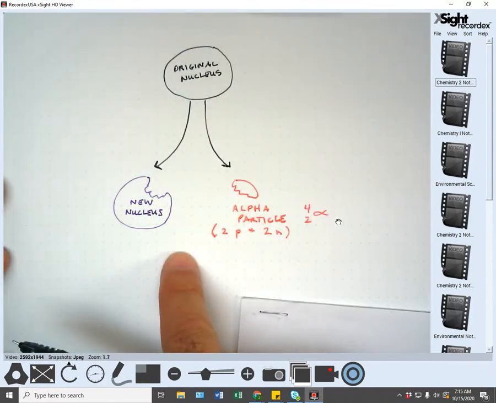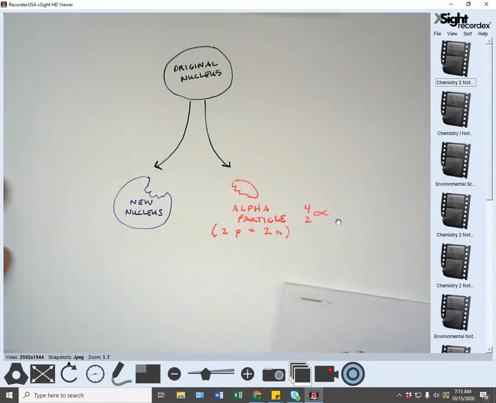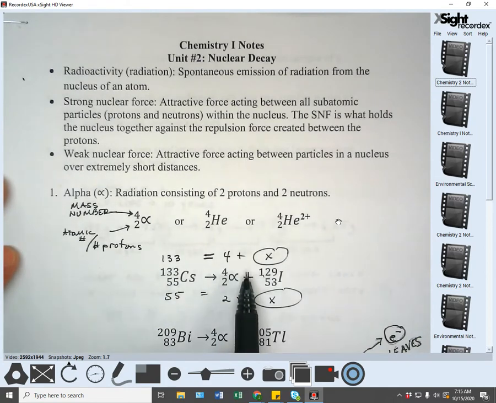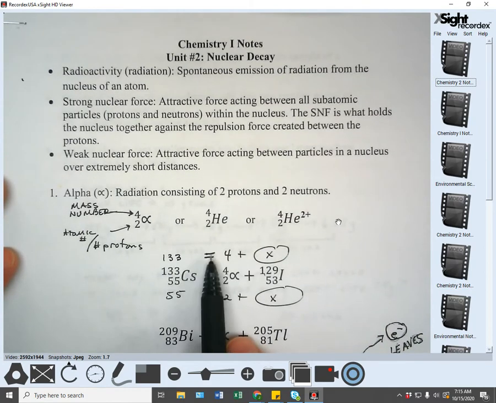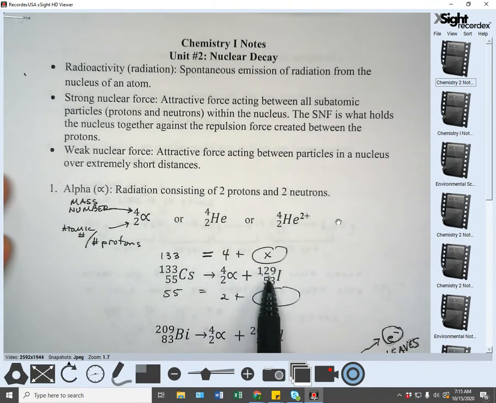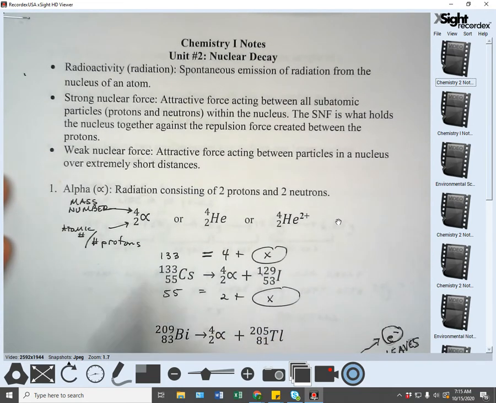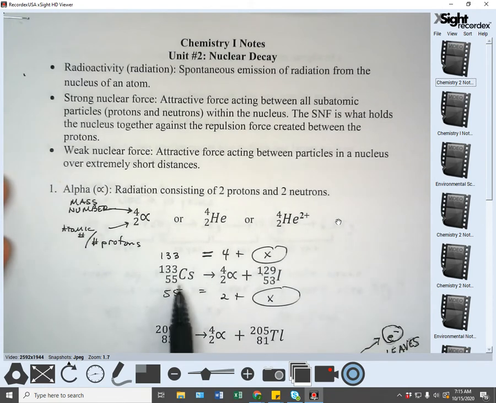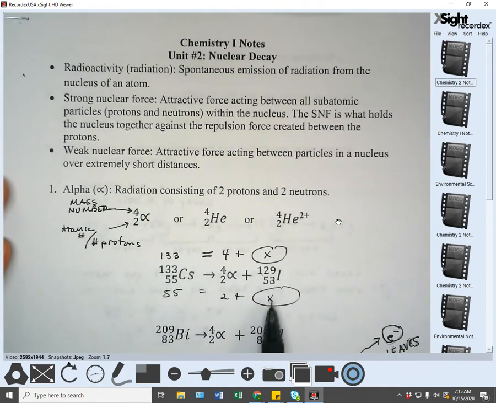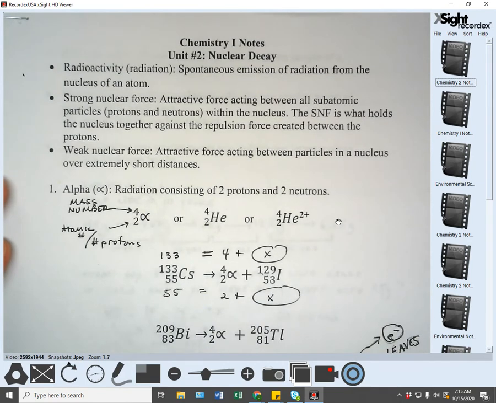Arrow is like the equal. So look at the numbers like a math equation. 133 equals 4 plus what number? Well, 129 plus 4 is 133. Okay, down here, 55 equals 2 plus what number? Well, 53 plus 2 is going to give you 55.